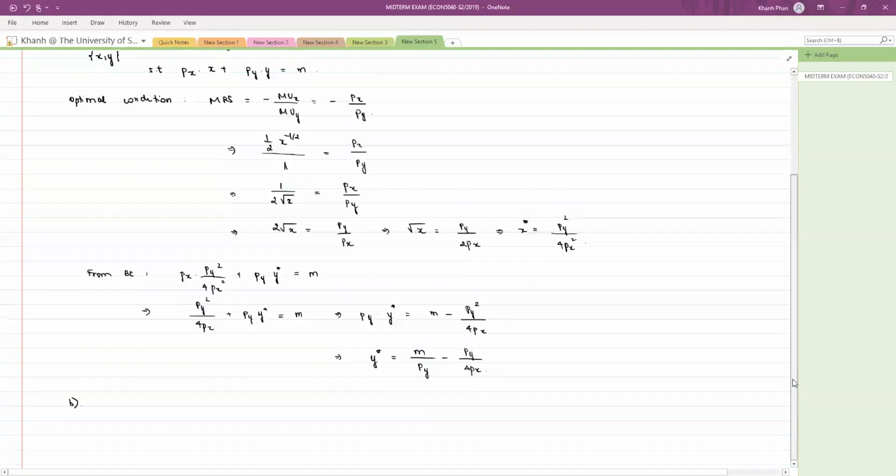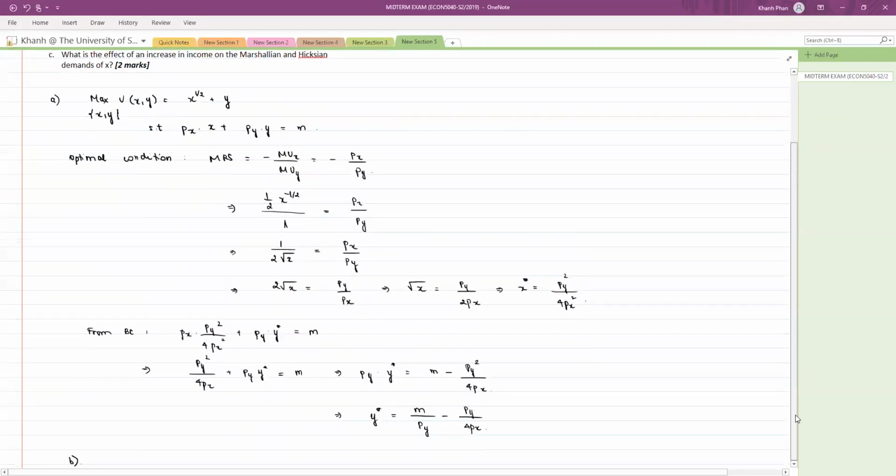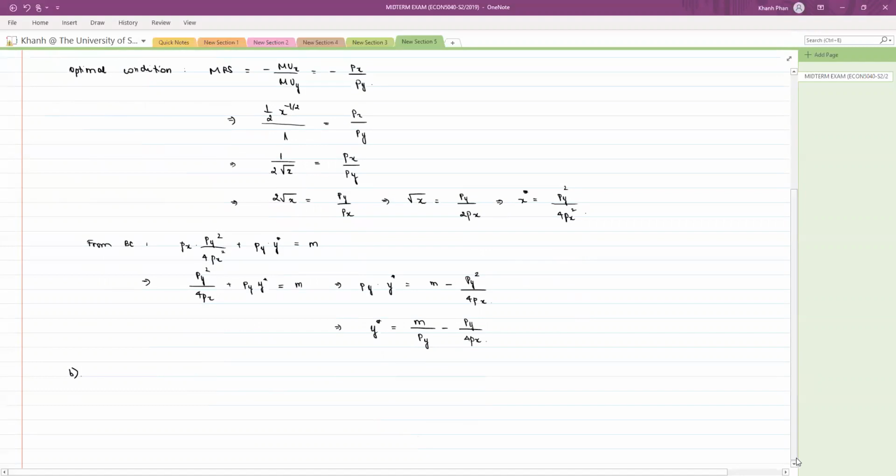Part B is asking you to find the Hicksian demand for good x. The Hicksian demand is found by minimizing the expenditure subject to the fact that we want to achieve a certain level of utility.